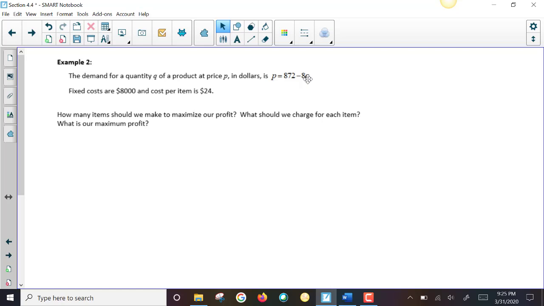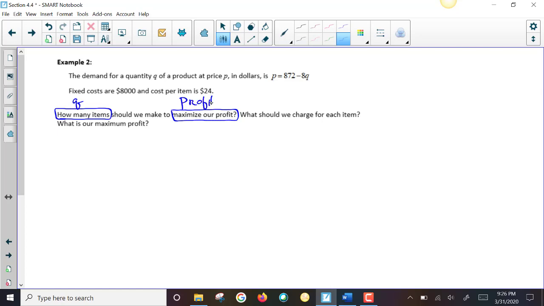Fixed costs are $8,000 and it costs $24 per item to make. All right, how many items, which means Q, should we make to maximize profit?